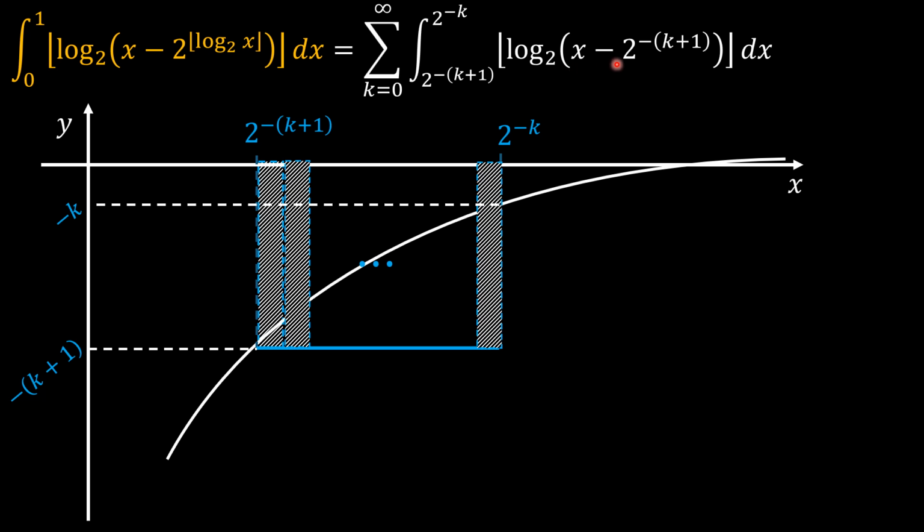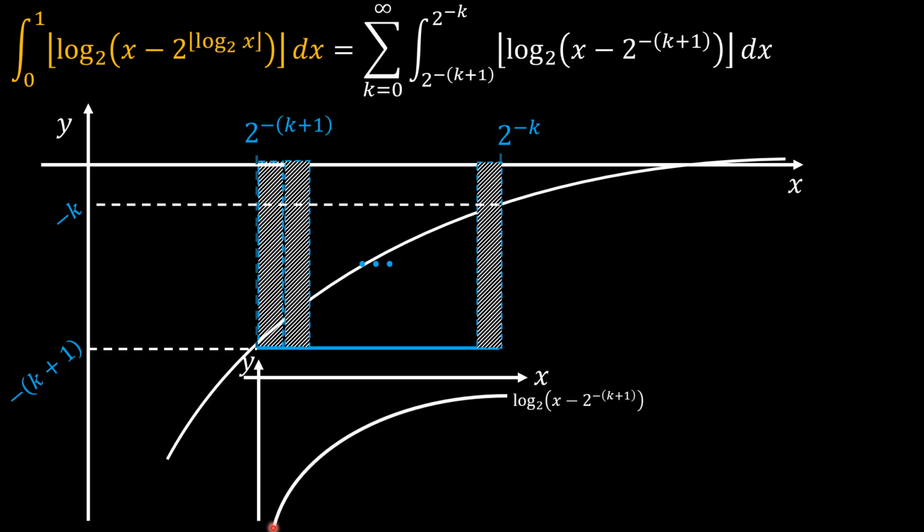In each strip we're going to have log 2 of x minus 2 to the power negative k plus 1, providing us a function from negative infinity here all the way to negative k plus 1, because at this point x is equal to 2 to the power negative k, and log to the base 2 of 2 to the power negative k minus 2 to the power negative k plus 1 gives us log to the base 2 of 2 to the power negative k plus 1, which is negative k plus 1.